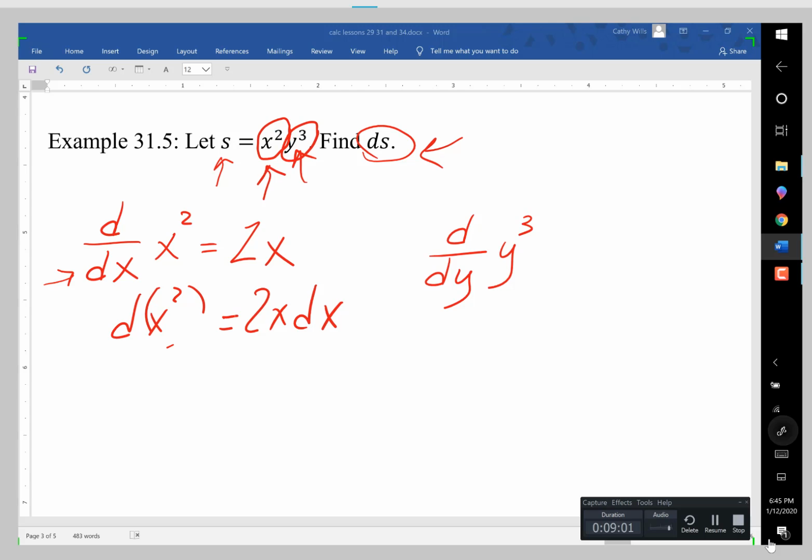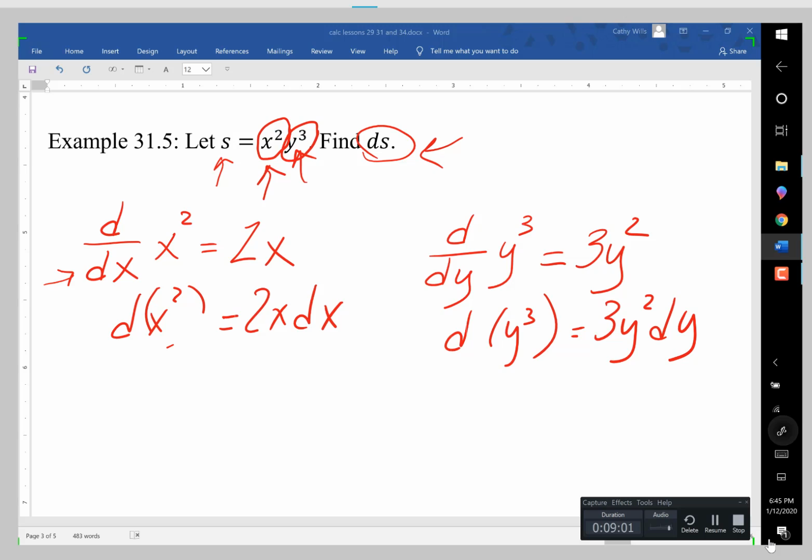So the derivative of that function, d dy of y cubed, is 3y squared. And then if you want just the differential of this function, that is d of y cubed, it is 3y squared dy. Okay, so these are the differentials of these two functions.